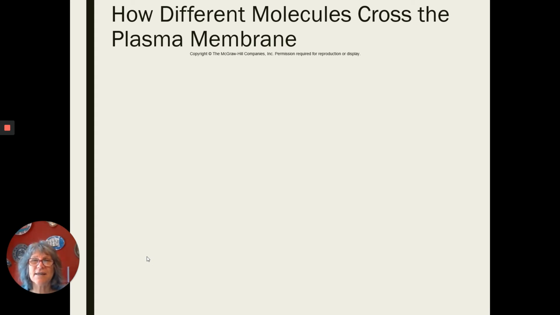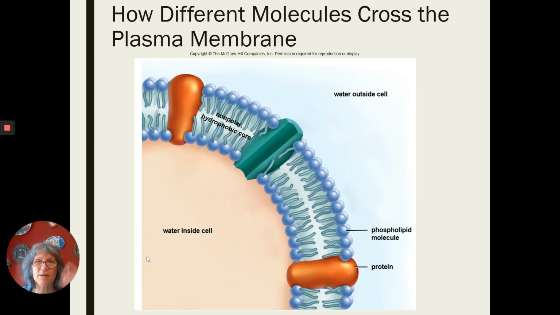So if we look closely at how different molecules can cross the membrane, here's my phospholipid bilayer with some proteins embedded. I've got aqueous solution, cytosol or cytoplasm on the inside. I've got an aqueous solution on the outside.